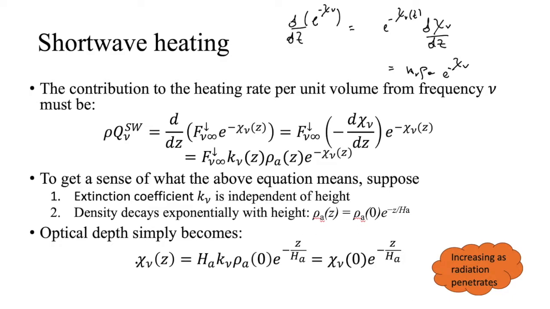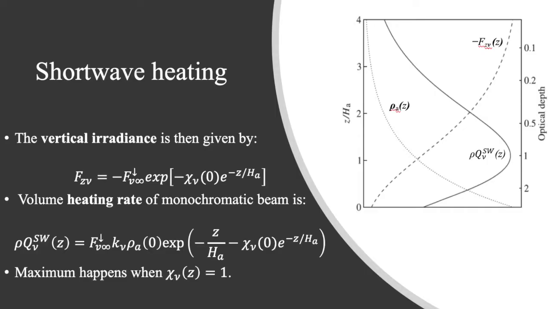And then the optical depth is going to be some constant times this exponential, okay? We can do all the calculations and we would find that the vertical irradiance would then be given by this simple expression.